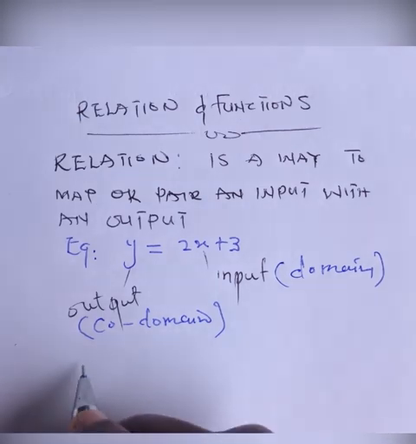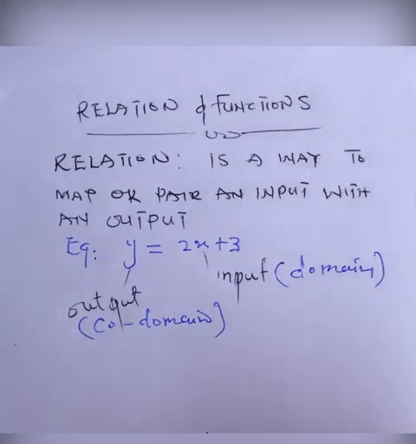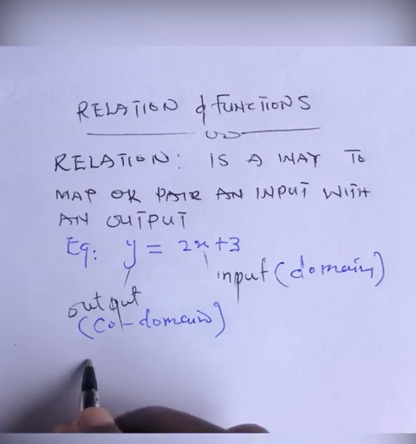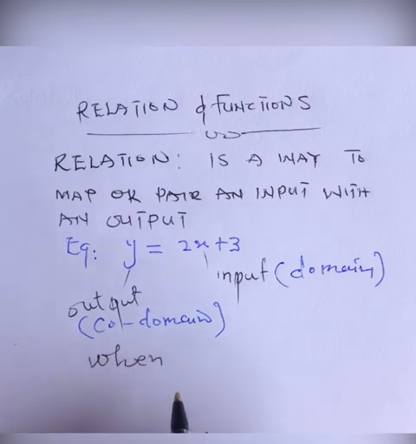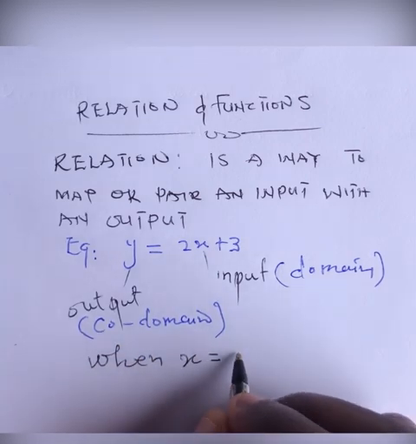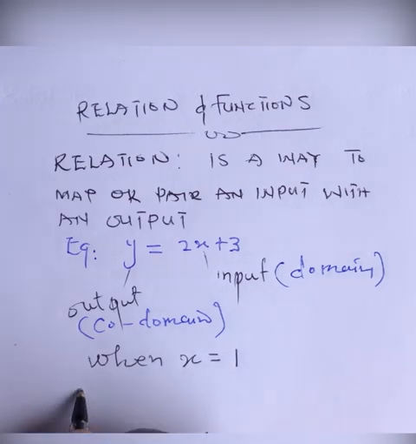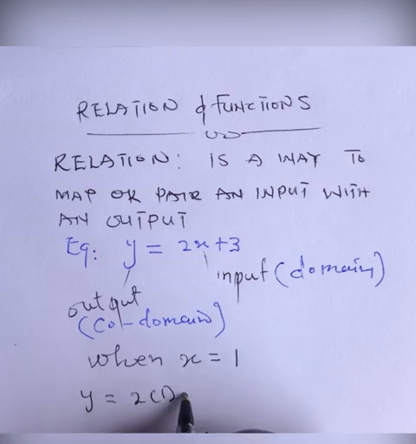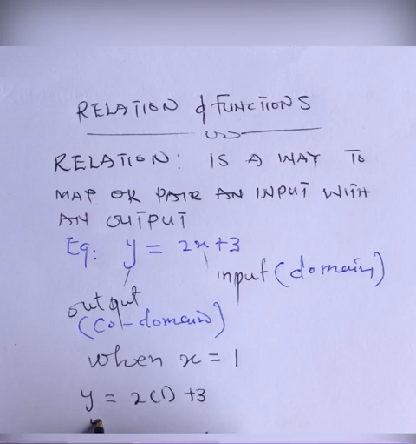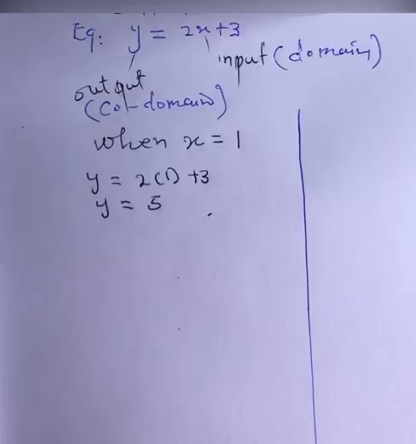Now, when x equals 1, then we have y equals 2 times 1 plus 3. So it means that our y is equal to 5.